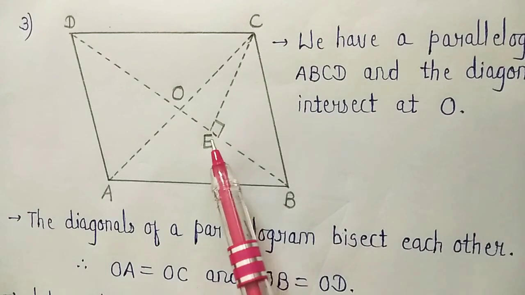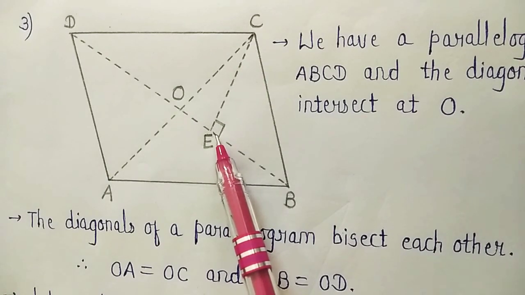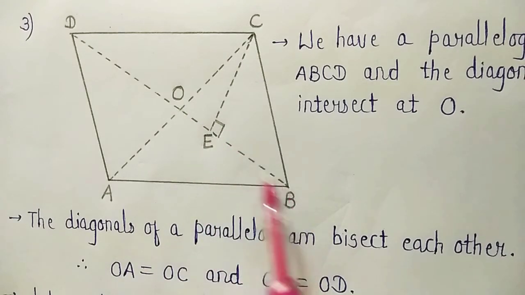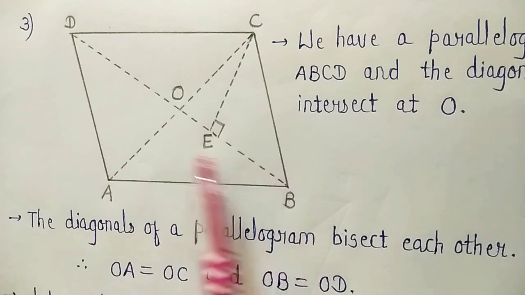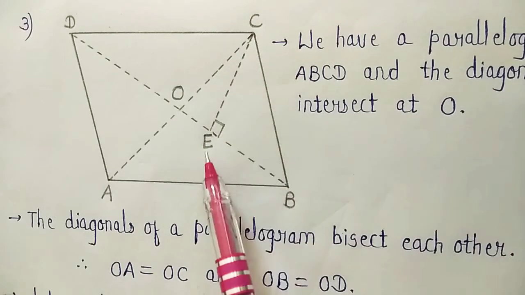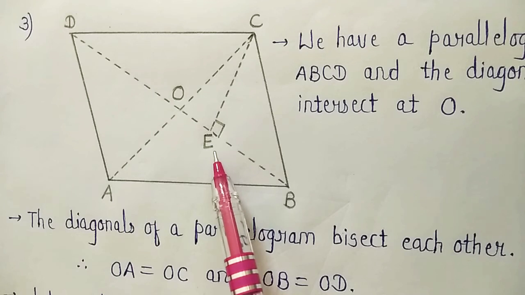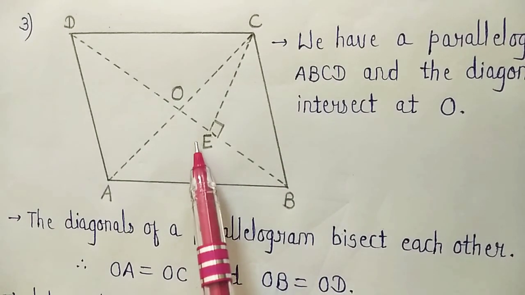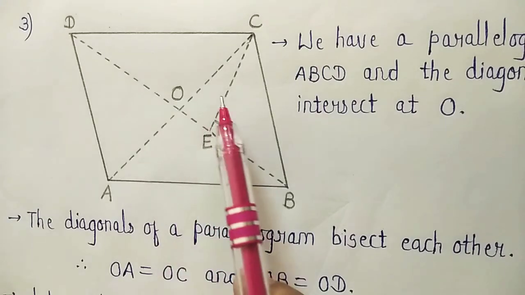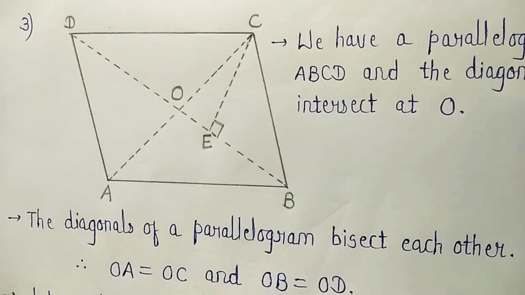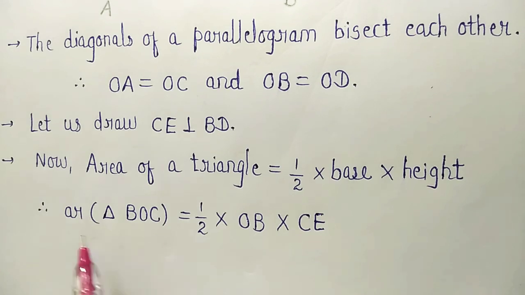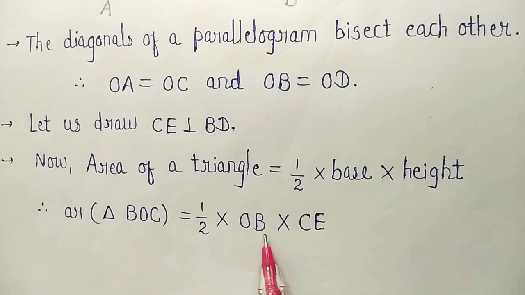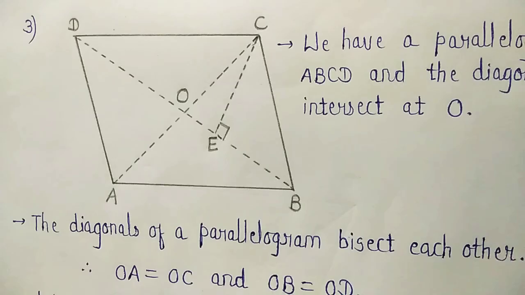That is CE. So CE will be the height. The base lies on OB. So OB will be the base and CE the perpendicular height. So area of triangle BOC will be half into OB into CE. Area of triangle BOC is equal to half multiplied by OB multiplied by CE.